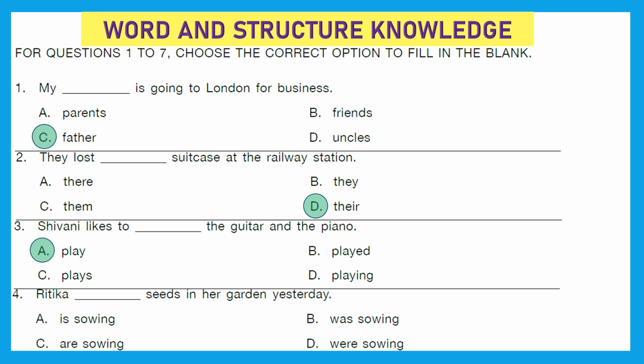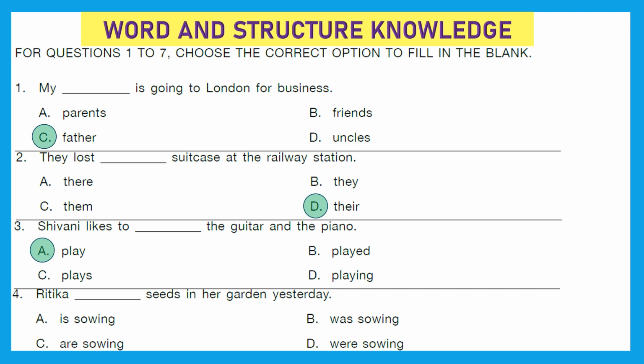Question 4. Ritika dash seeds in her garden yesterday. So here, if you see, it is yesterday. That is, it is past tense. So out of these 4 options, first we have to see which are talking about the past tense. And it is B and D. Was sewing, were doing. Now here Ritika is a singular noun.